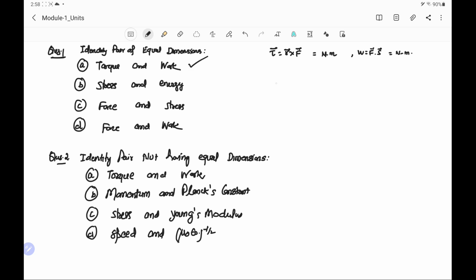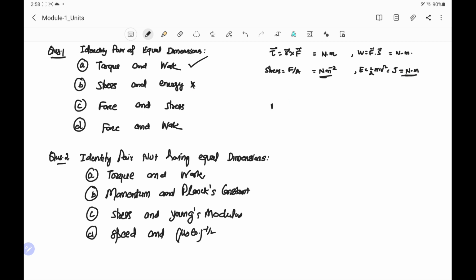Stress is defined as force per unit area, so it has a unit of Newton per meter square. And energy, say kinetic energy formula is half mv square, its unit is joule, and joule is Newton meter. That means these two units are different, so it is not equal.